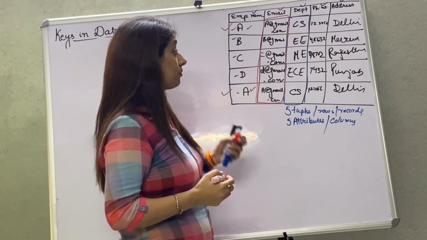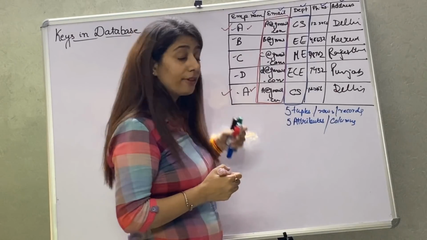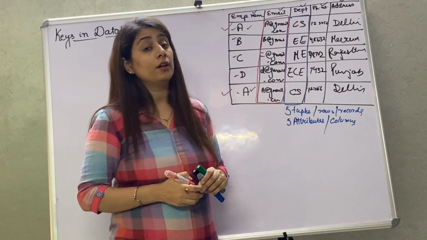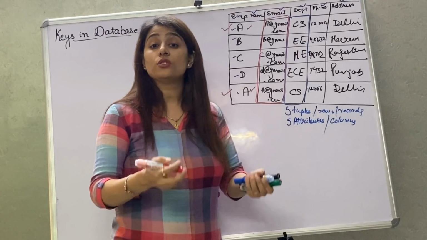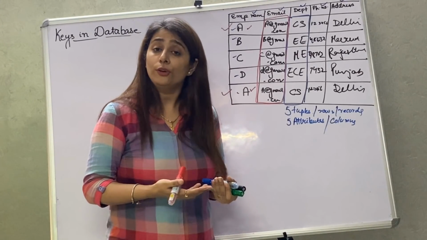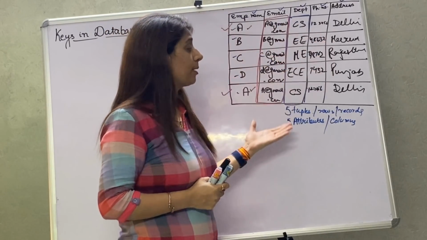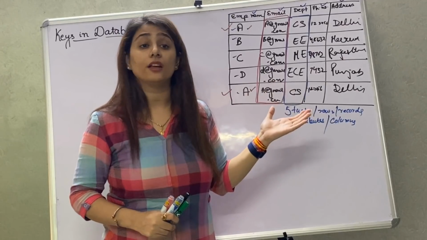So what is the use here? Though I have only 5 tuples, if you work with thousands of data, then it will be very difficult for you, because this database is not uniquely identifying the records.